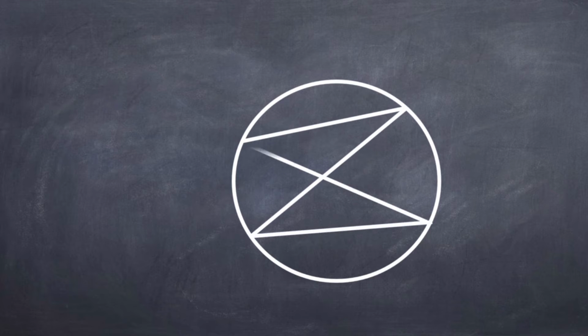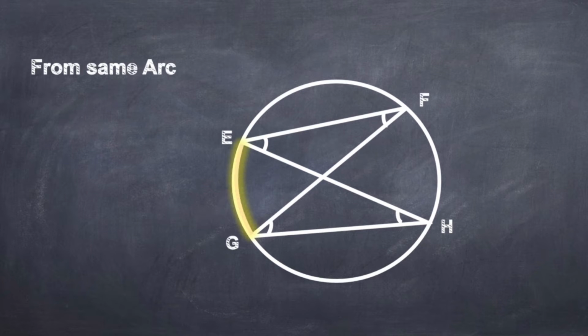So as you can see that there are 4 angles in the figure, and I'm going to label it E, F, G and H. Okay, so as you can see that the angle of EFG and EHG are from the same arc.